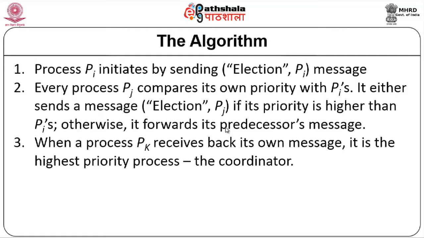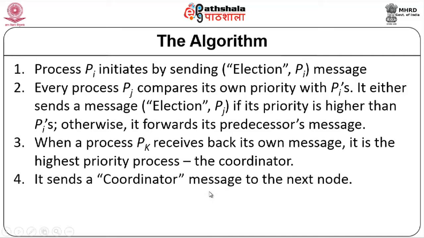Because if pk is not the highest process, then other processes would have changed the ID. Since pk has received back election comma pk, nobody after pk has changed the ID, and therefore pk understands that I am the highest node in the system, and therefore I am the coordinator.